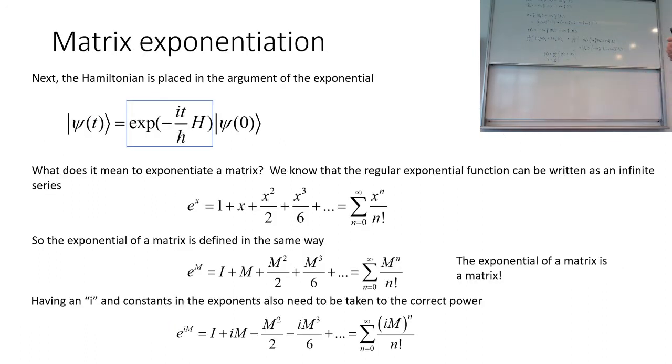Okay, so now let's talk a little bit about the maths of how you actually work this out. So I've told you that this is somehow the rule, Schrodinger's equation, of how you work out what the state is going to be sometime later.